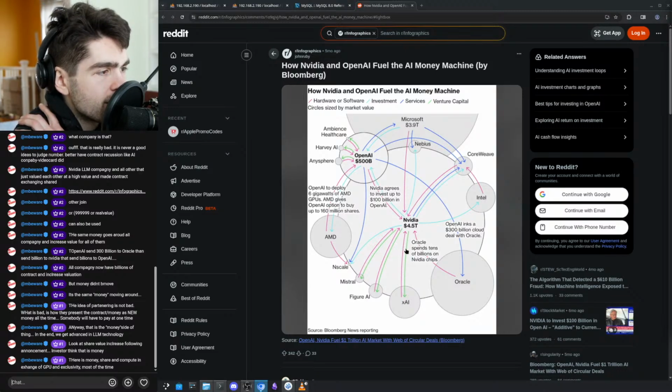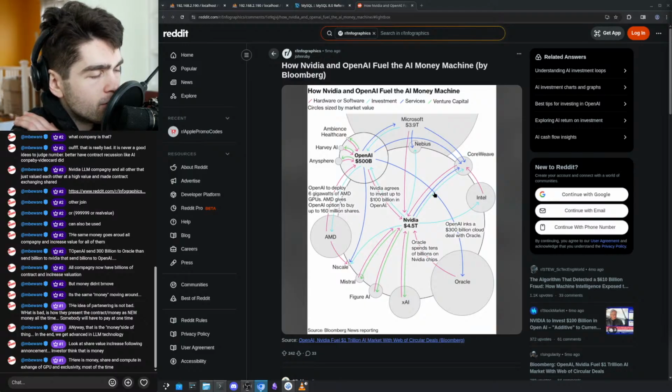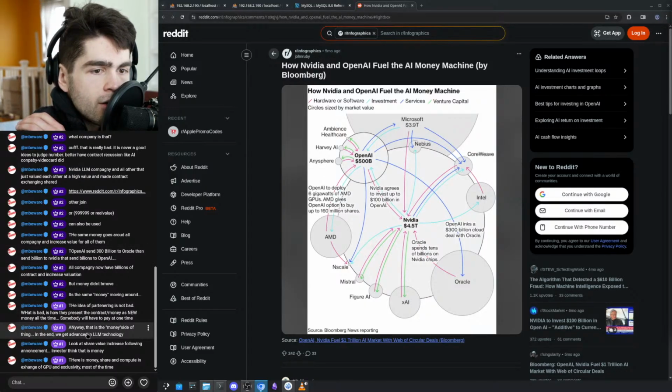They represent it as, we made a deal over that many years, we're going to give this, they're going to give us that. That's fair. Anyway, that is the money side of things. In the end, we get advances in LLM technology. I would agree with that. Look at the share value increase following the announcement. Investors think that is money.